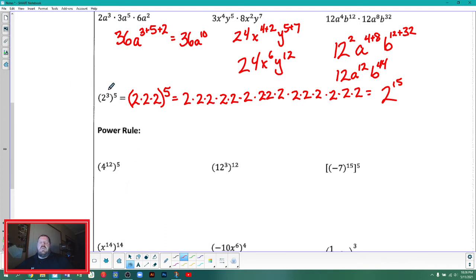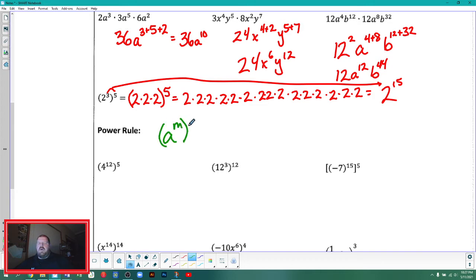15 twos. And how do I combine 3 and 5 and get a 15? There's one good way to do that. It is multiplication. If I have any number to the m power, then raised to the n power, we get that with multiplication, m times n.